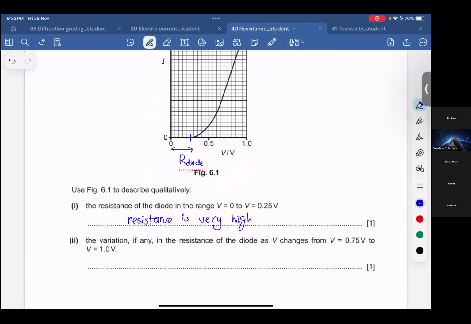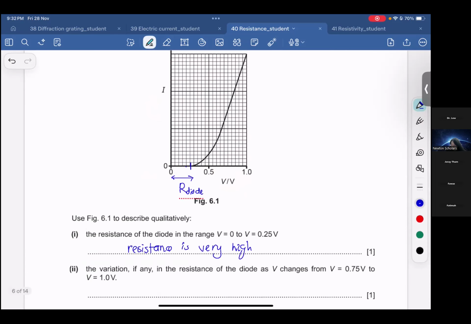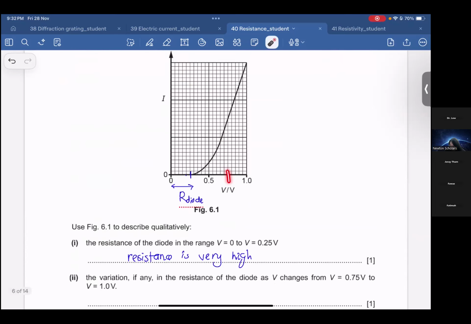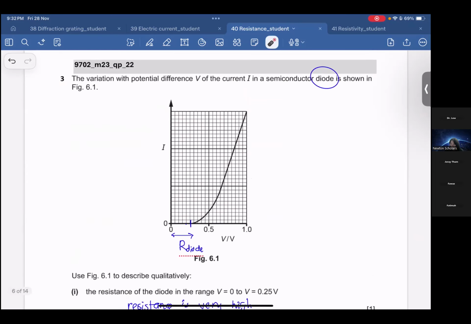Describe the resistance from V equals 0.75 to 1.0. Maybe somewhere here to here. What happened to your resistance? Does it increase, decrease, or is there no resistance or very high resistance? Fawal, correct. Prasan, correct. So your resistance, you see, here and here, this one is a steeper line.